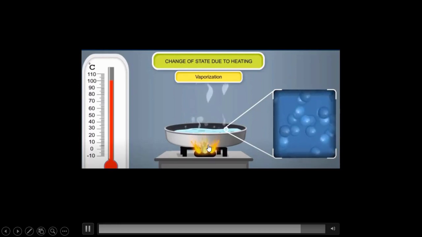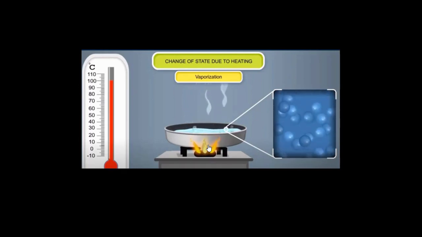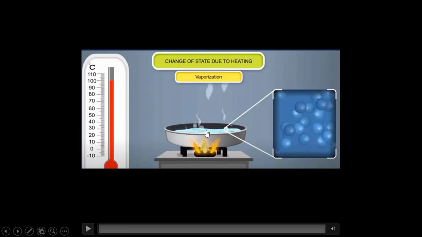Then as the heating process takes place, you can now see they change from liquid to gas. You can see the vapor that is moving up, and you can see the temperature on the other side has moved to almost 100. Now we expect this process to take place, that is vaporization, from liquid to gas, vaporization.